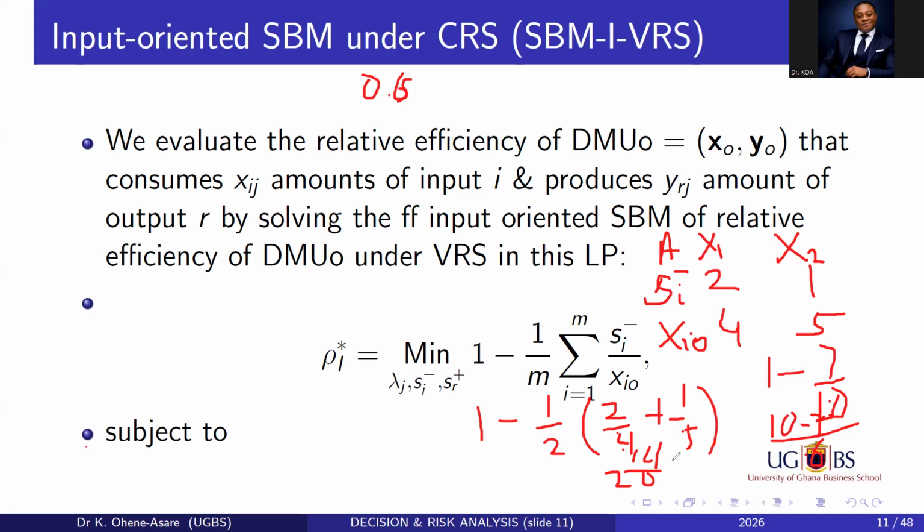What gave you the 13? So you do 1 minus 7 over 20. Yeah. So what gave you the 13? 20 minus 7, isn't it? Yes, 20 minus 7, yes. All right, okay. So you get 13 over 20, and that gives you 0.65.